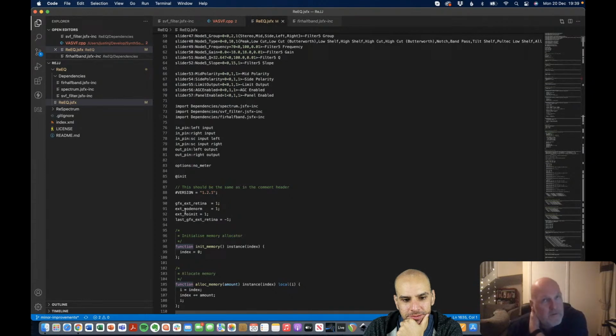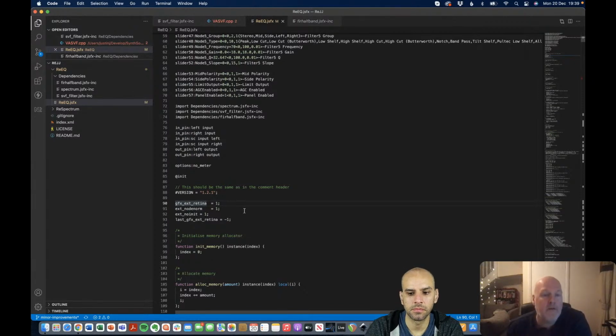So one of the things I was getting on the forum is one or two people complaining that whenever the JSFX wasn't actually visible, it was slowing down in terms of CPU usage. But when you made it visible again, that sort of went away. And the only thing I could really put my finger on is there's maybe something in the back code path of the JSFX runtime that was not running the denormalization code properly.